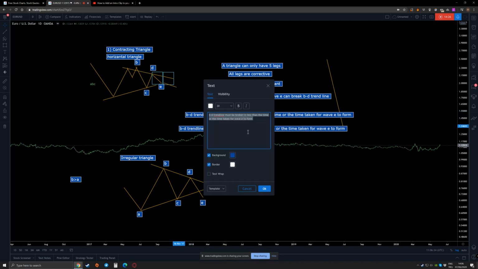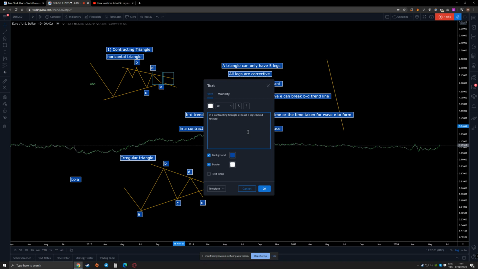There's another rule in a contracting triangle. So in a contracting triangle, at least three legs, not waves, three legs should retrace more than 50%.